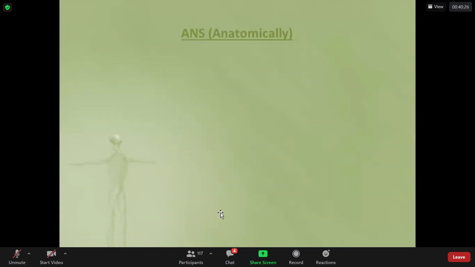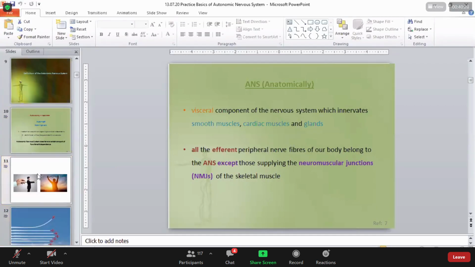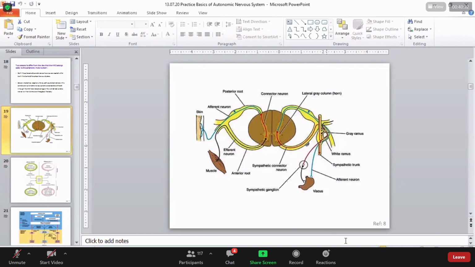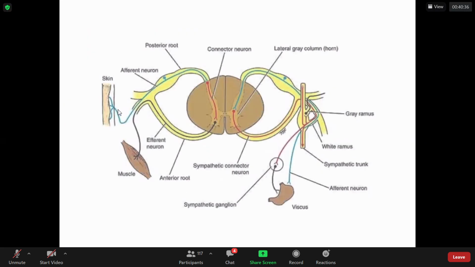This one is an example of somatic reflex. That means the sensation has come down, and instead of going upwards, it has joined the anterior neuron, gone to the anterior horn and stimulated it, and that has caused a contraction. That is different. This is an example of the somatic reflex.